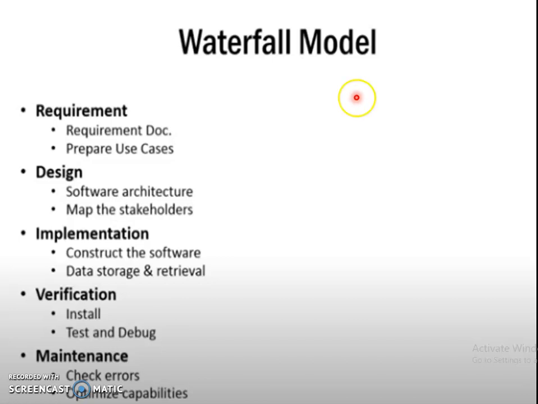The next application is when the product definition is stable. Third, technology is understood and is not dynamic. Fourth, the project is short. These are all the applications of the waterfall model.